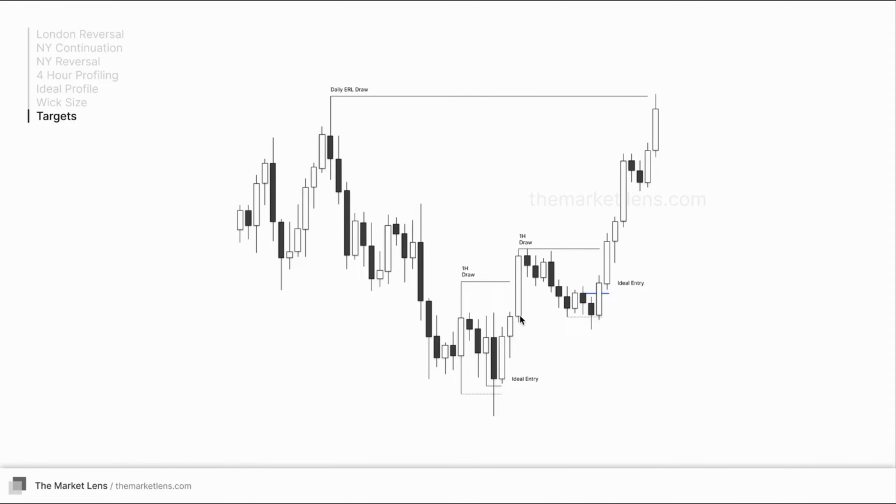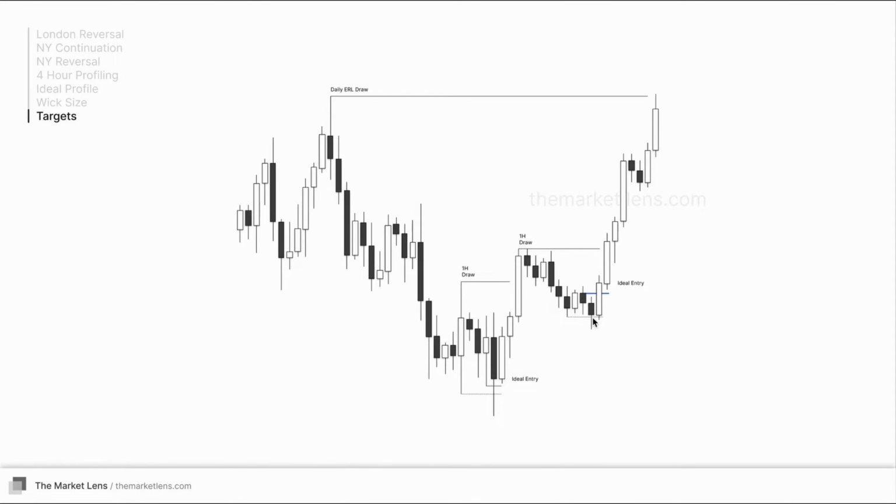So the reason why we don't enter after we take out these objectives is because we do not want to get caught in a new phase of price such as consolidation or retracement, because those are not favorable conditions, right? So as you see here, we expand into this hourly drawn liquidity.